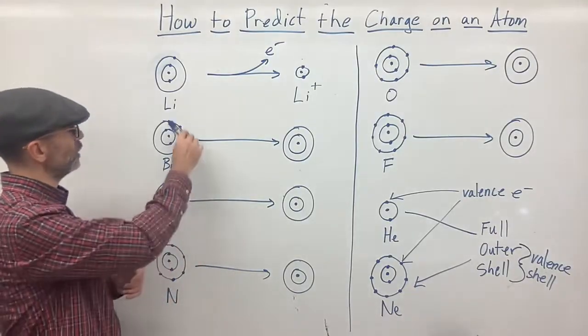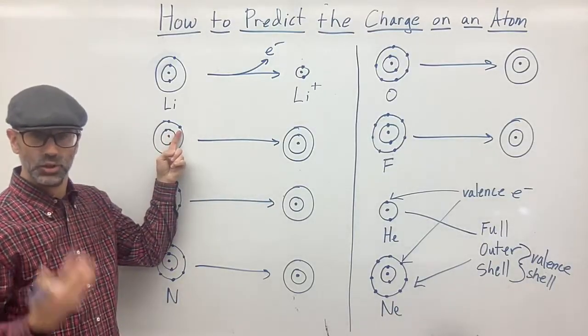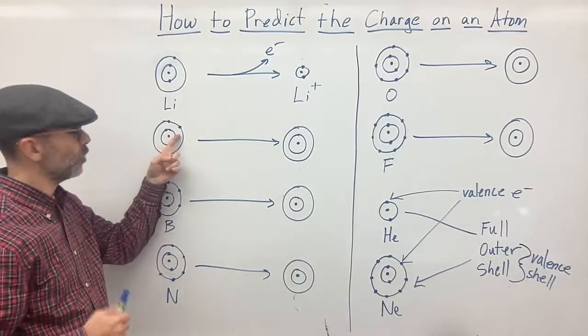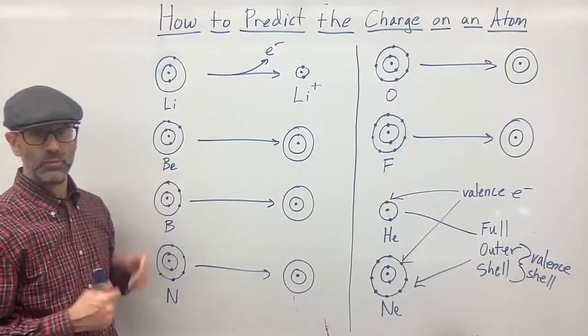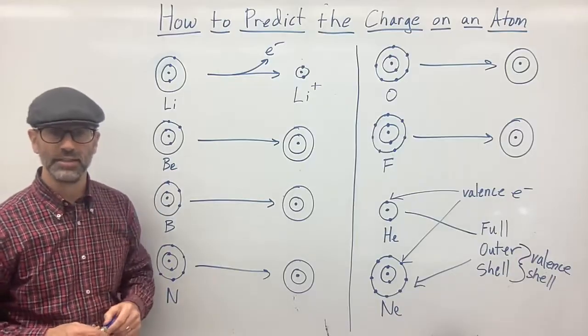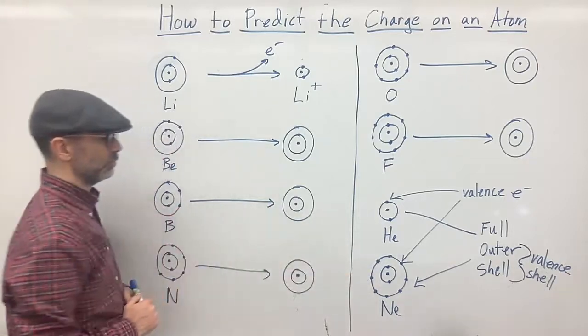So beryllium has 2 electrons on its outermost shell, so that's 2 valence electrons. And so again, the question is, what is this element going to do? What does this atom want to do? It wants to be like a noble gas. So which noble gas is it closest to?